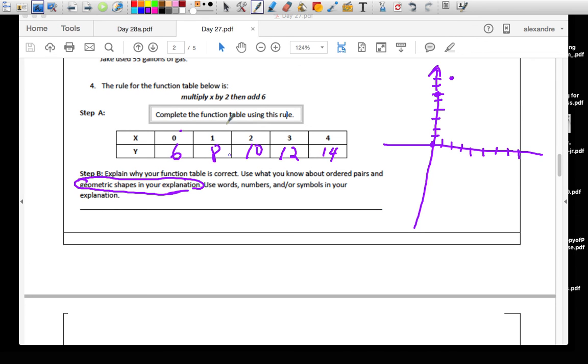But I would definitely write about the rule and how for every x value I multiplied by 2 and added 6. Okay, I guess I'm striking out right now.